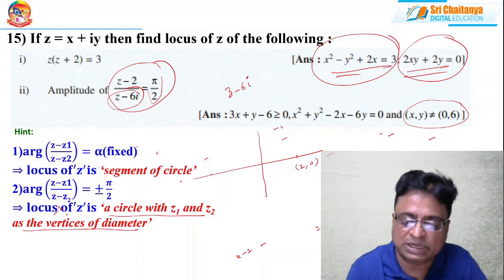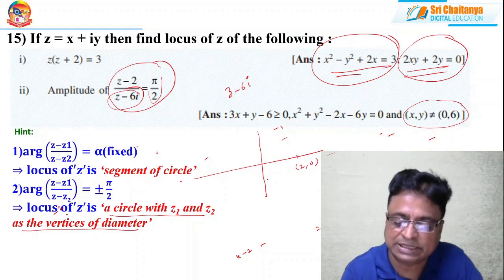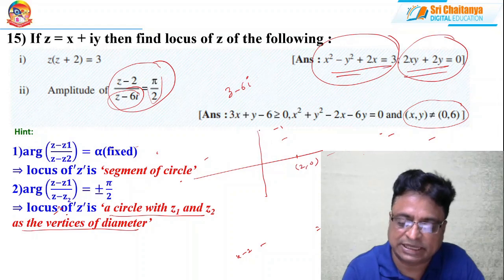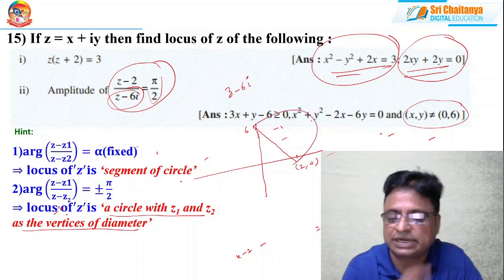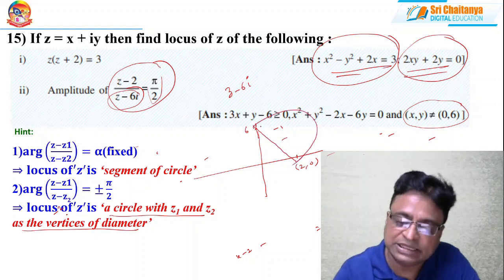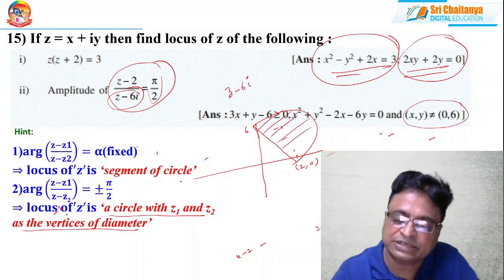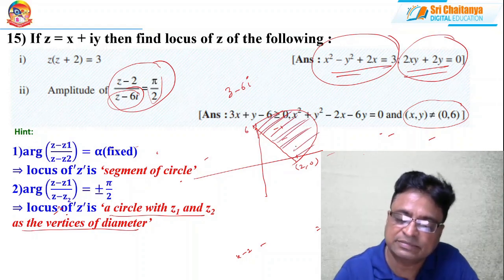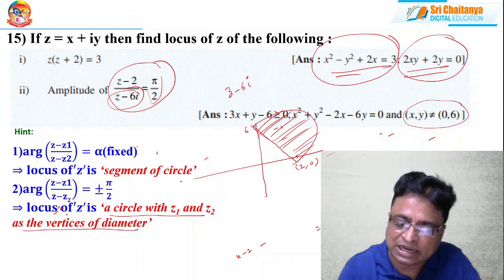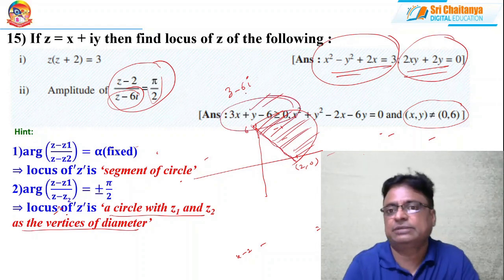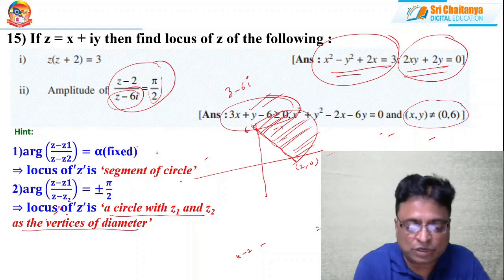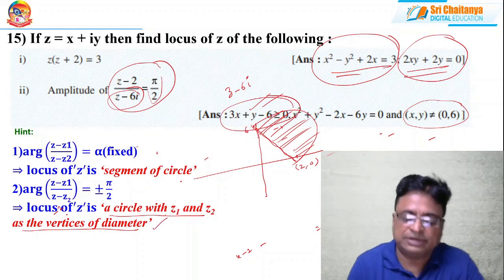And another complex number is 6i, that means it is here at 6. So this is the circle, you can get it. This is the part of the circle you are getting. This is the locus. That's why we mentioned this line is always greater than or equal to 0. So the locus of z represents a diameter.